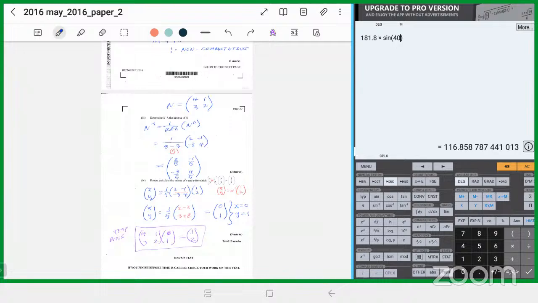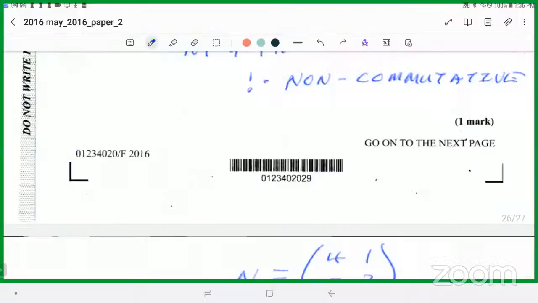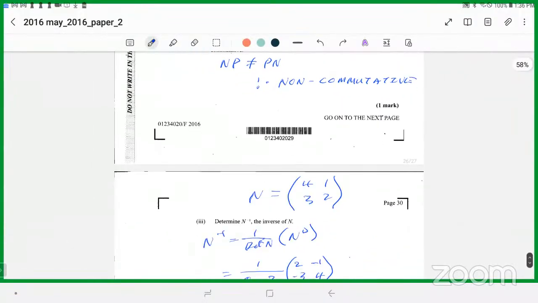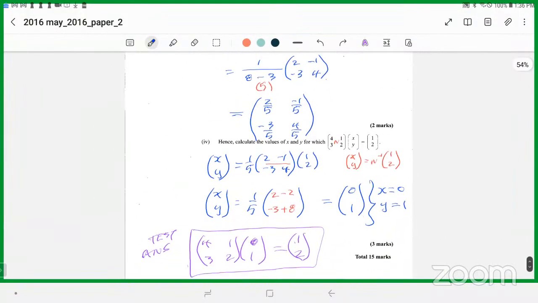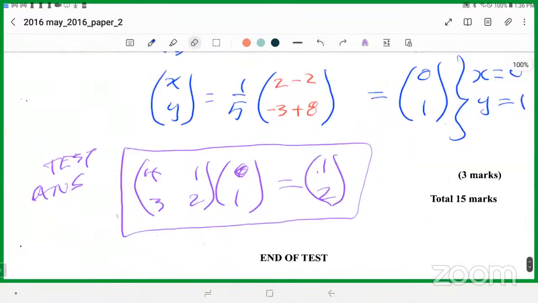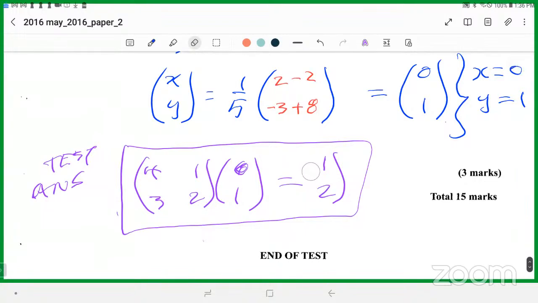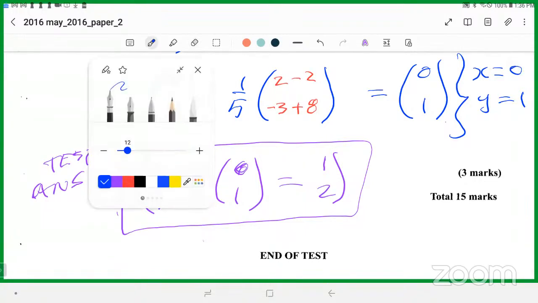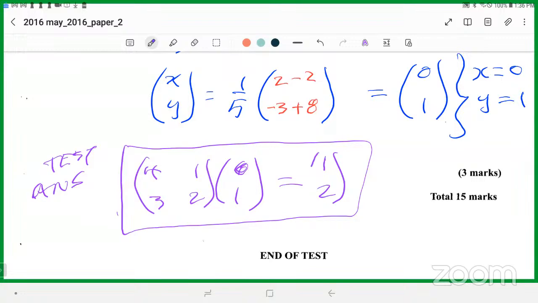Go over the questions. Please, more maths equals better maths. Study hard, pass easily. I can't attain maximum results by doing minimum work. If you want maximum results, you have to do maximum work. So put in the work because we all want very excellent results.